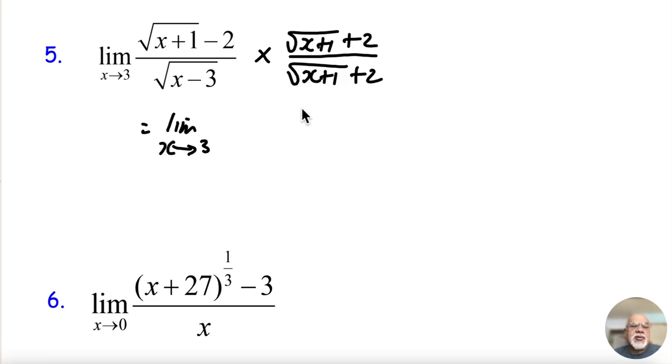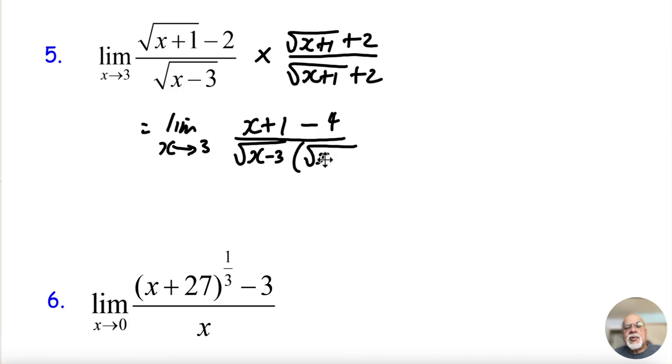In this case, we're rationalizing the numerator. The top looks like a minus b times a plus b, so that just ends up being a squared, which would be x plus 1, minus b squared, which would be 4, all over the root of x minus 3, times the root of x plus 1 plus 2.